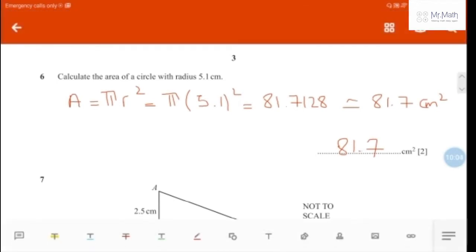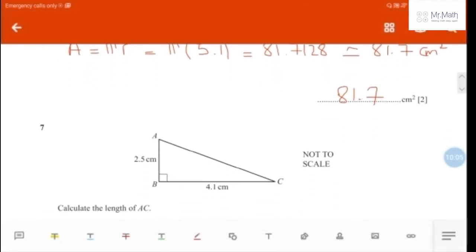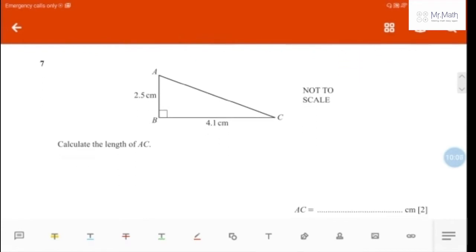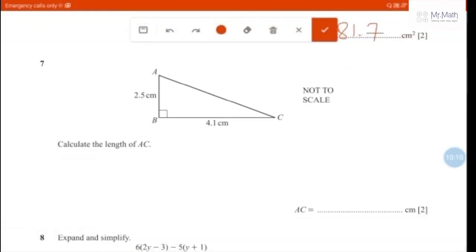Now, in question 7, it says calculate the length of AC. I'm given triangle ABC, and this is a right angle triangle because one of the angles is 90 degrees.